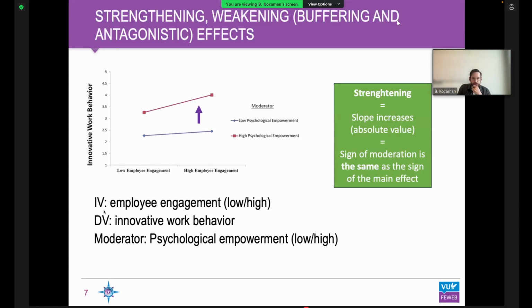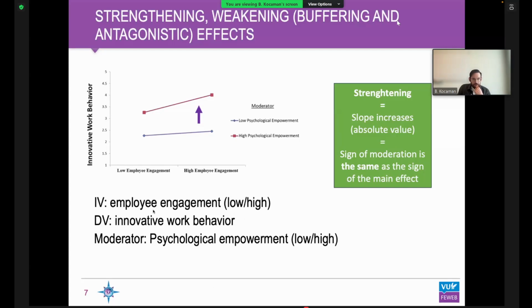The independent variable here is employee engagement, so it is low or high. And the dependent variable is innovative work behavior. And here we have a moderator called psychological empowerment. So we might expect different effects depending on the low-high levels of psychological empowerment. The relationship between employee engagement and innovative work behavior changes.